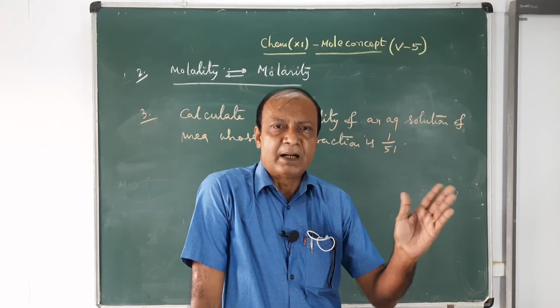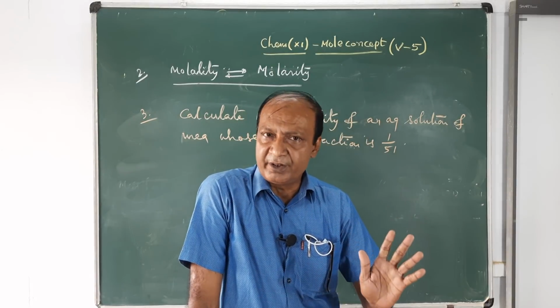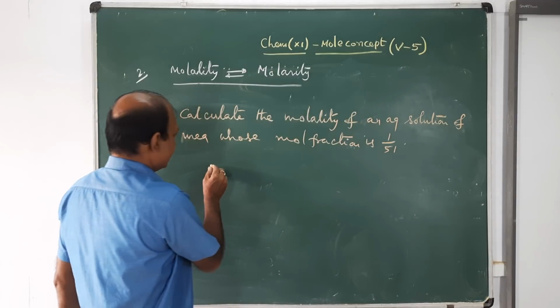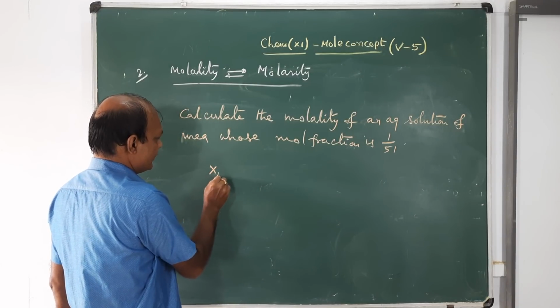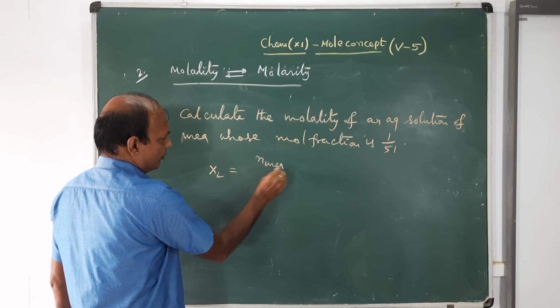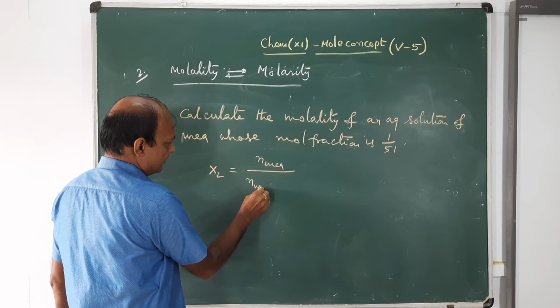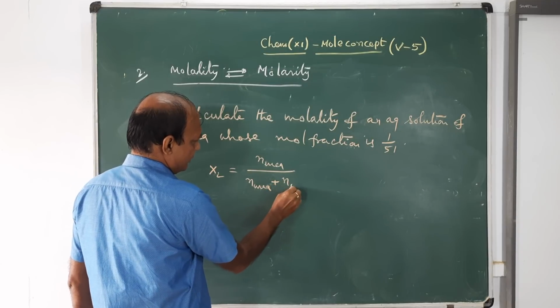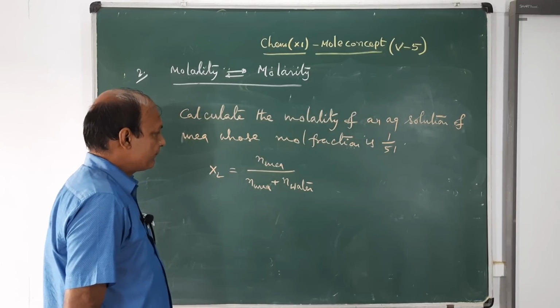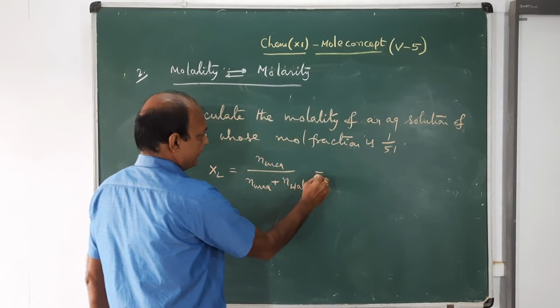So here it is from mass to mass, therefore density is not required here. So mole fraction is given 1/51. That means mole fraction x2 equals number of moles of urea by number of moles of urea plus number of moles of water. Clear? Because it is a binary solution and it is given 1/51.